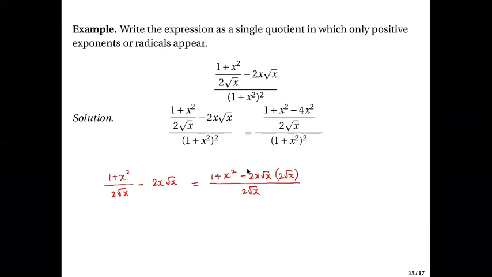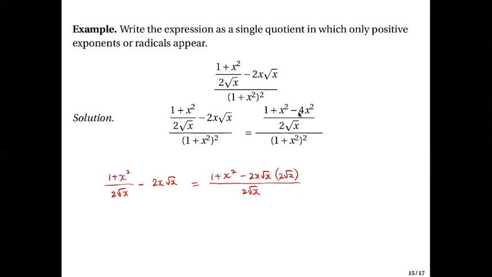And then you have here 2 times 2, that's your 4 there. And then you have square root of x times square root of x, that's just x. But there's an x in here, that's why we have x squared here. Okay? So that's our big numerator.